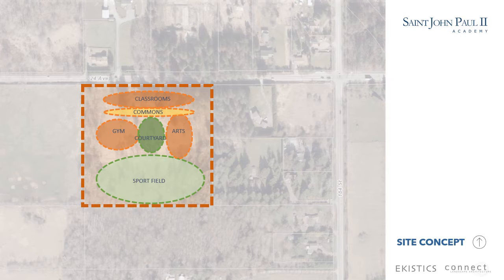To the north, we have the classroom wing. To the east, we have the arts wing, which would also house the school's theater. And the west, we have the gym and athletics wing. Connecting these three pieces together is the student commons, which is the social heart of the school. Collectively, the building would surround a central courtyard with views to the sport field to the south.